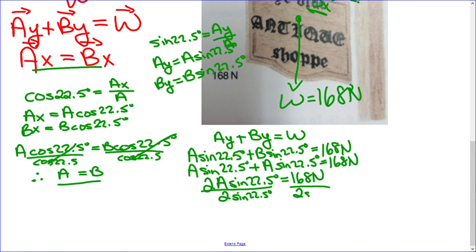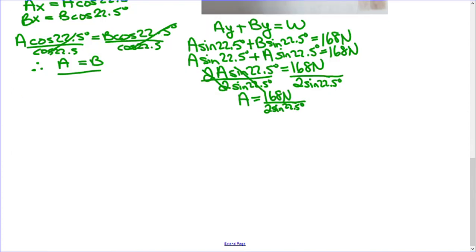The 2's cancel, the sines cancel, and A is equal to 168 divided by 2 times the sine of 22.5 degrees. That means that A is equal to 219.5 newtons, and it's heading at 22.5 degrees north of the west direction.